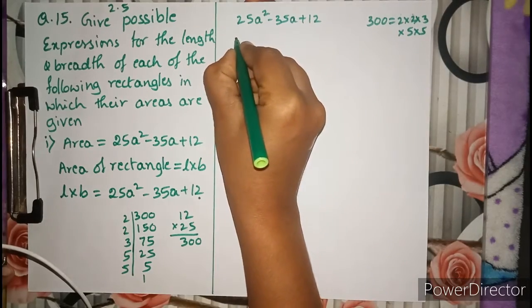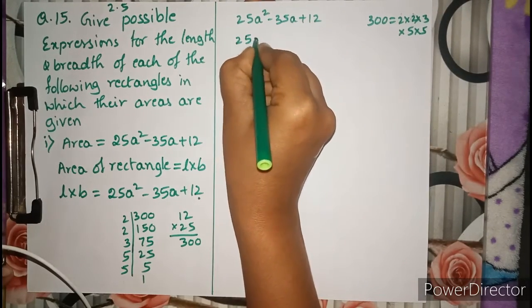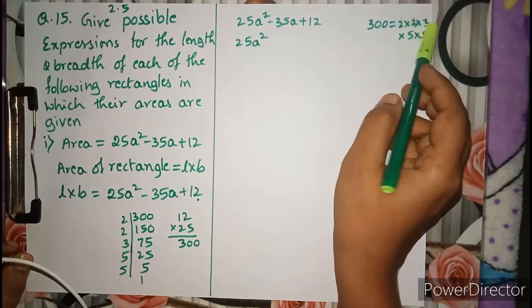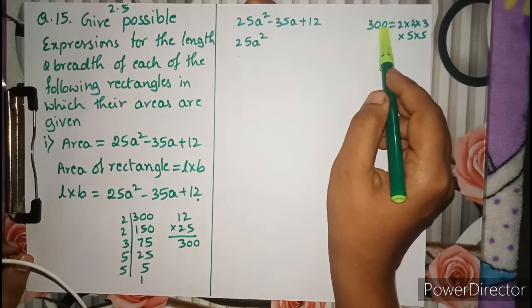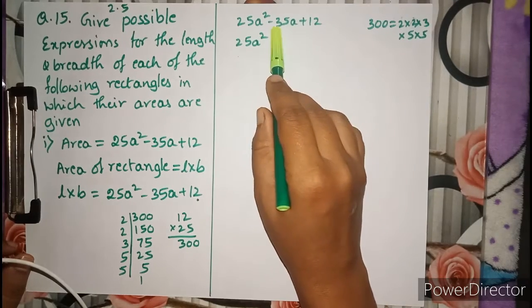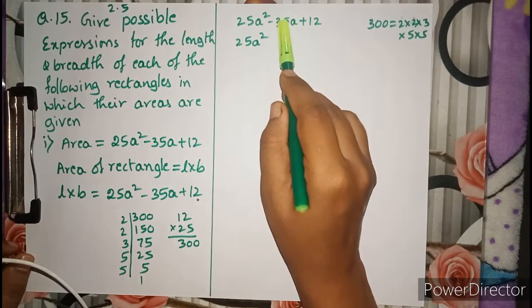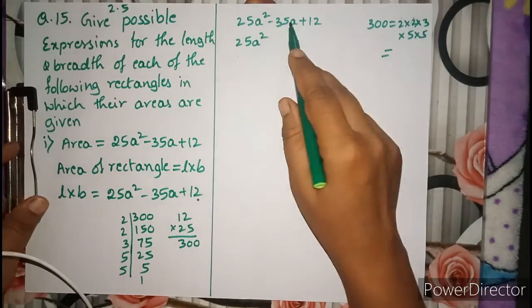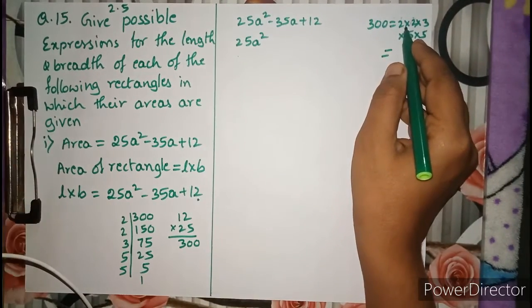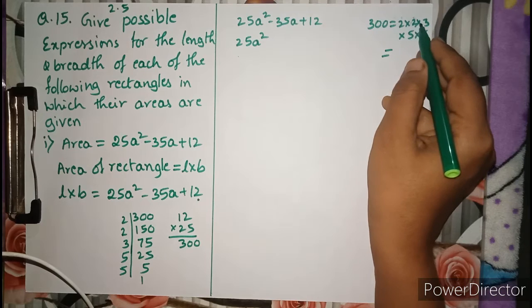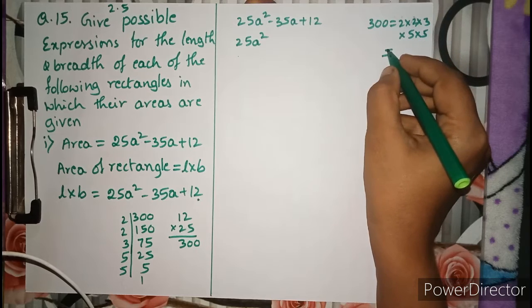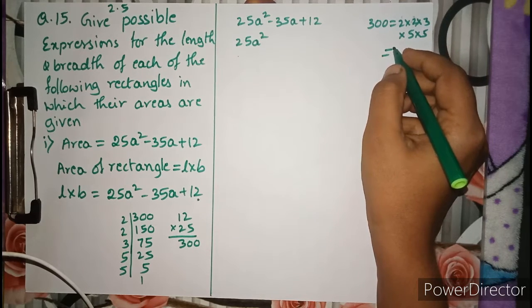Now for 25a square, by adding factors of this 300 we must get the coefficient of a, this middle term. In such a way we have to take the factors of it. So 2 3's are 6, 6 3. Find out in these only. By practicing you will get it easily.